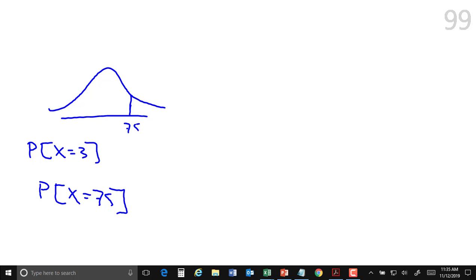That would be this area. It's a trick question, because if somebody asks that kind of question on a continuous function, it's always the same answer. How much area is under the curve under 75? 1 is the whole area, so that's going to be really tough to be 1 on one spot.